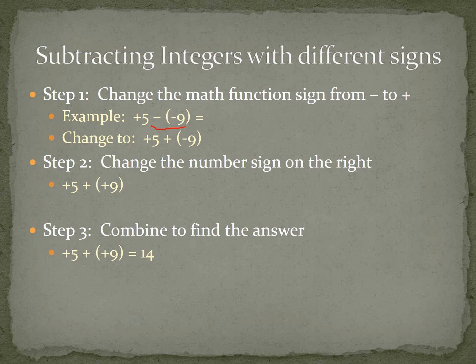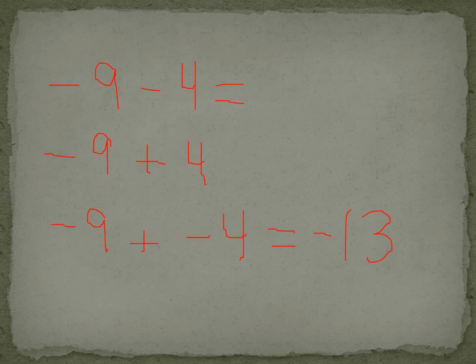The nice thing about this one is it doesn't make, yeah, good. So this is one of the examples I had. If we had negative 9 minus 4, what is that going to equal? Okay.